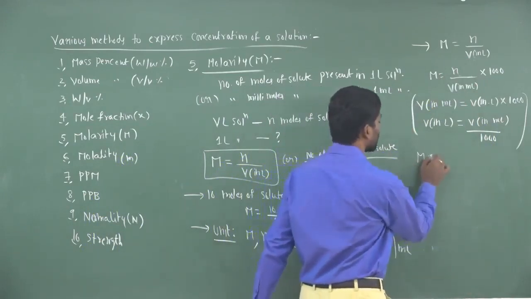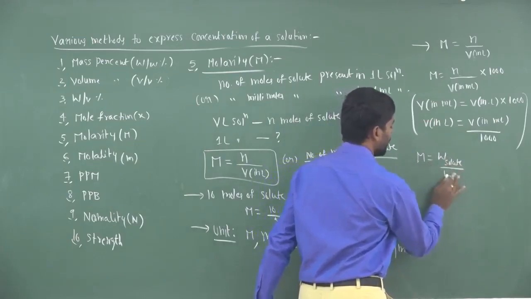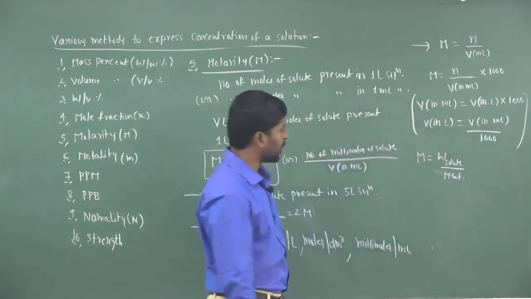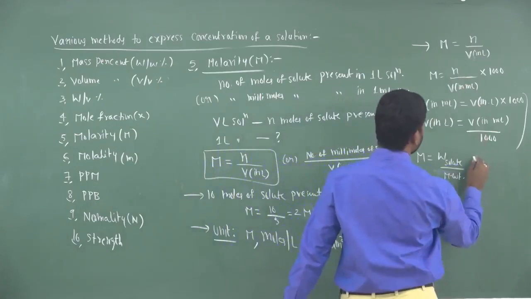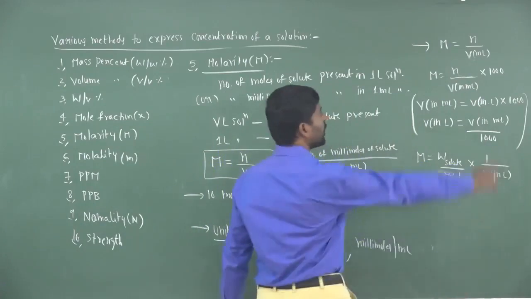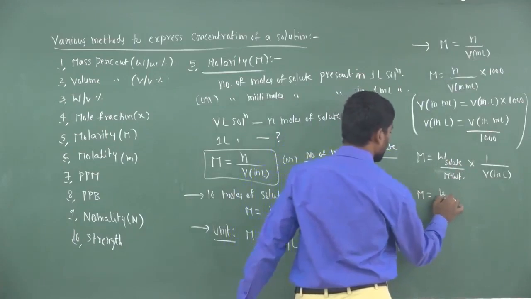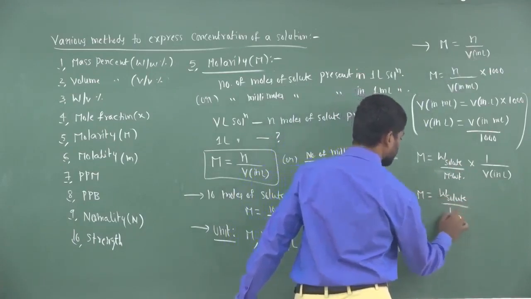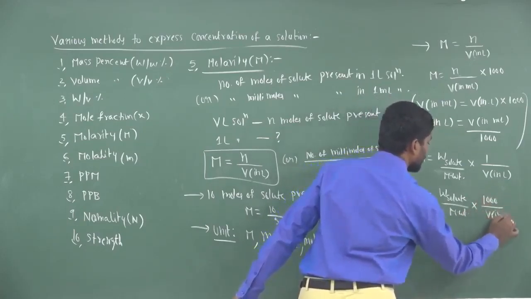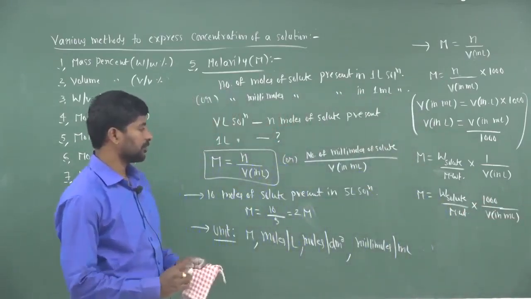Now number of moles we can write as weight by molecular weight, that is weight of solute in grams by gram molecular weight. So number of moles is weight of solute by molecular weight, and if you substitute volume in ml, we have to multiply with 1000.